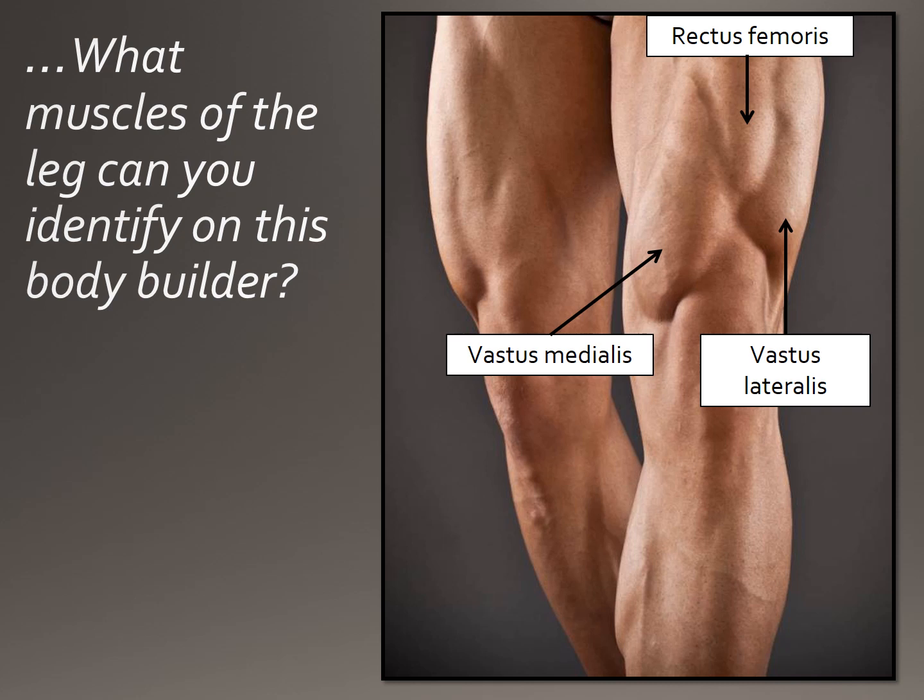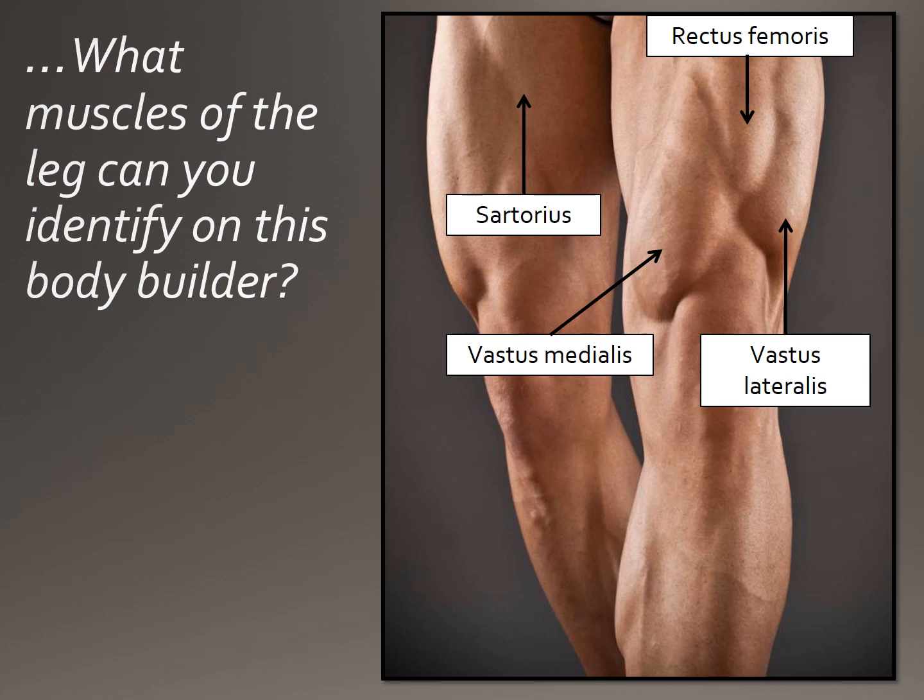And the last muscle we'll do is shown on the individual's right leg, and that's the sartorius. Remember, this is the longest muscle in the human body, and we can clearly see this muscle running down as shown in this image.